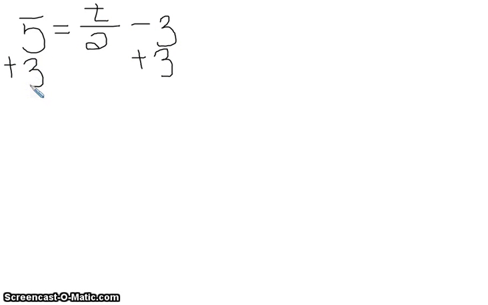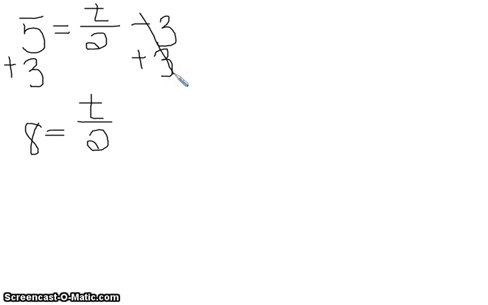Alright, so 5 plus 3, very simple addition problem. That gives me 8. Notice I'm still left with my t over 2. I haven't worked with that yet, but my negative 3, or my minus 3, we can also recognize as negative 3. Those two are interchangeable there. Negative 3 plus 3 gives me the 0 that I need.